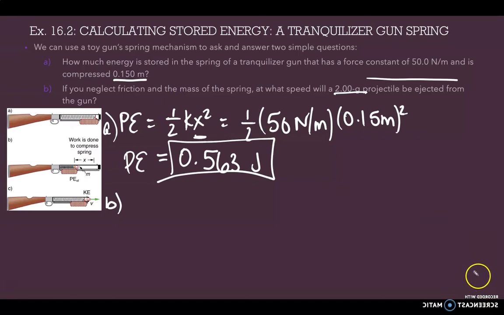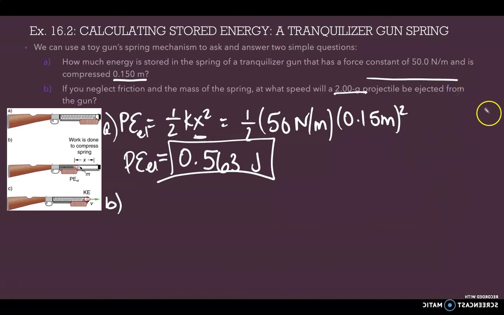Okay, so let's stop and think about this for a second. Okay, so my elastic potential energy is going to be the same as when that kinetic energy is released from the barrel of that tranquilizer. Okay, so here's the illustration that came with this problem.